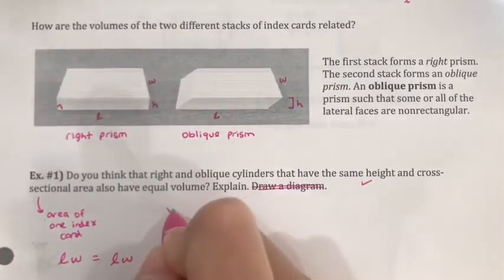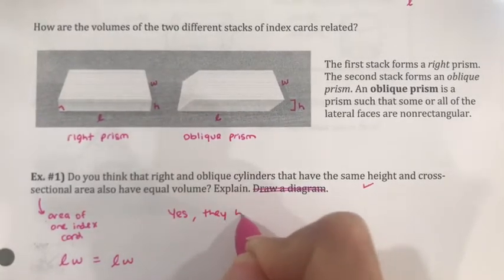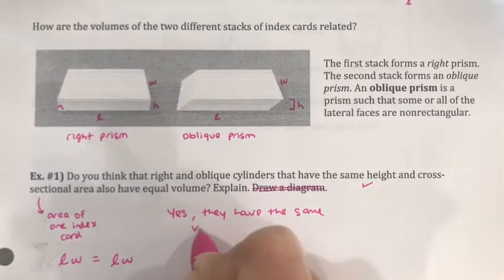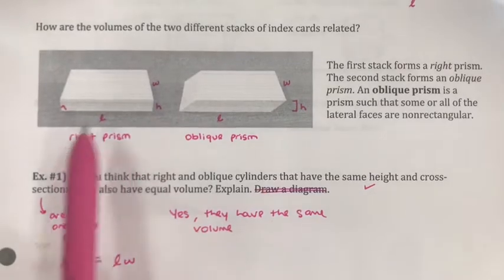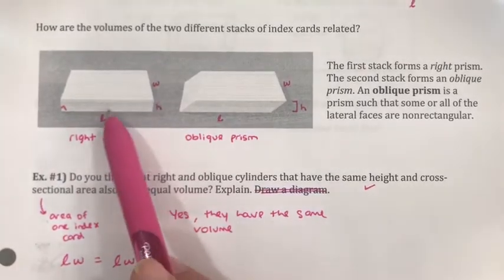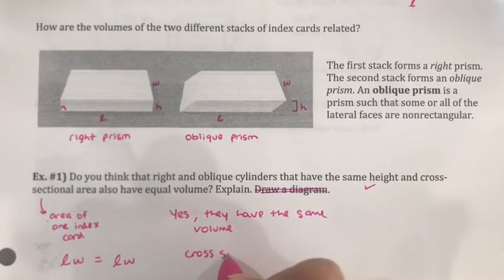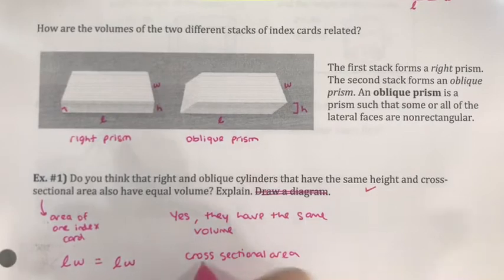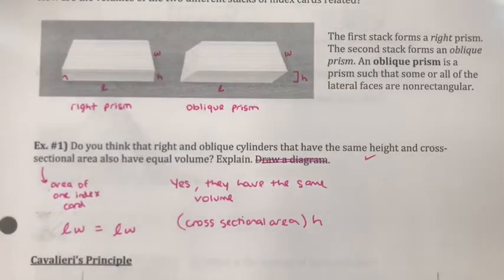We're going to say that yes, they have the same volume, because if we think about our formula as being the cross-sectional area times the height, it's going to be the same for both figures.